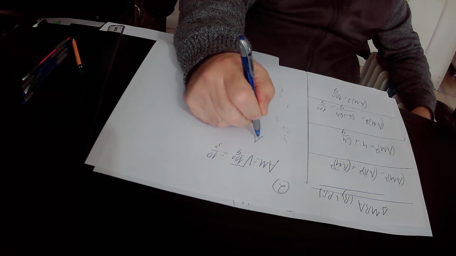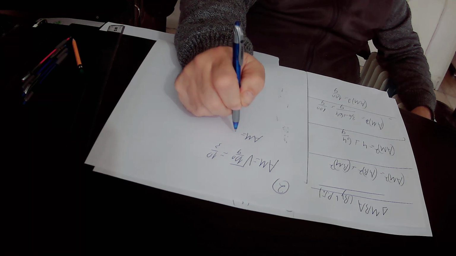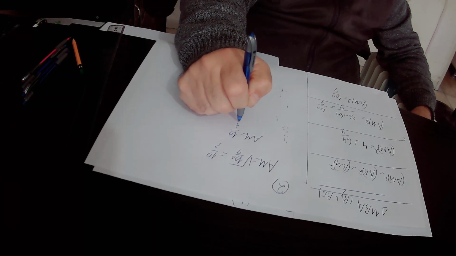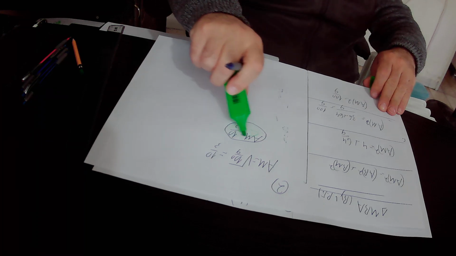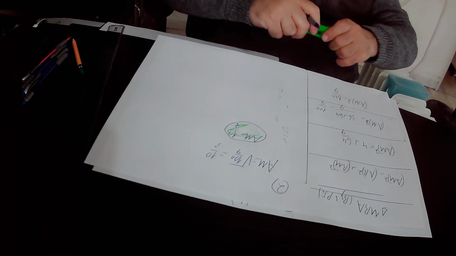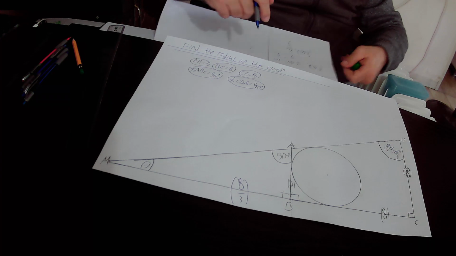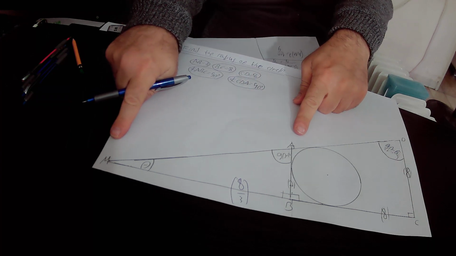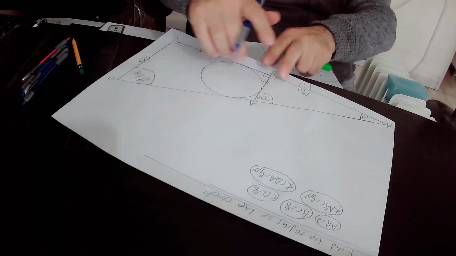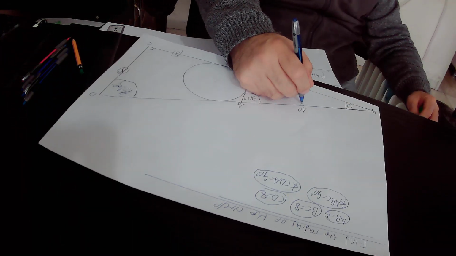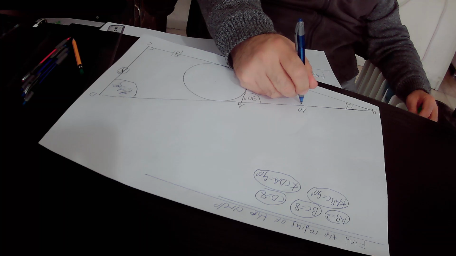So we have found that AM, the hypotenuse AM, equals 10 over 3 units in its length.